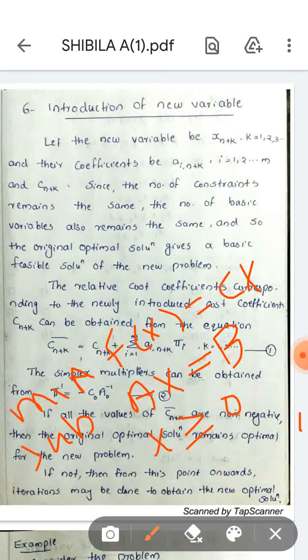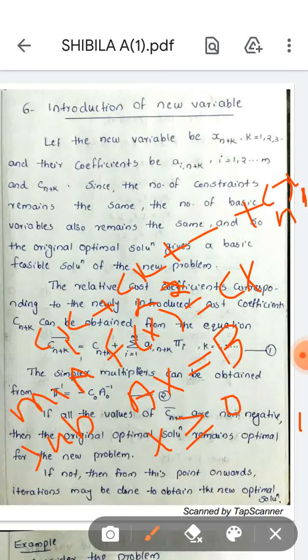Here the objective function f of x equal to cx means c1 x1 plus c2 x2 etc. plus cn xn.